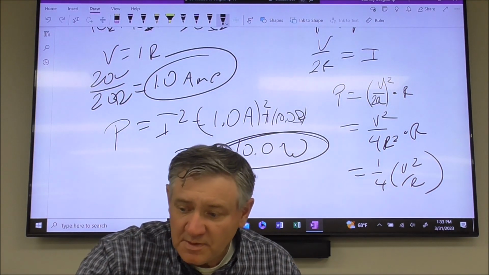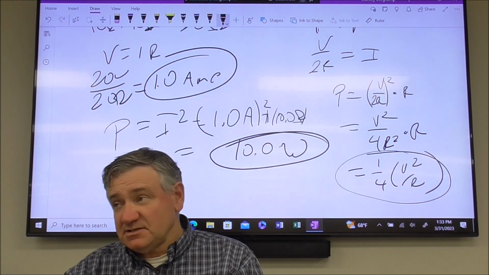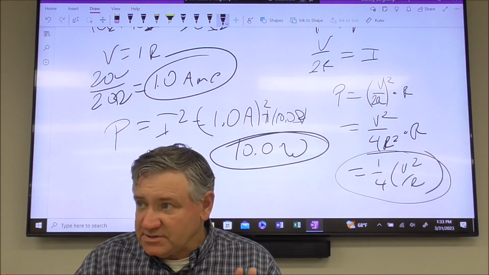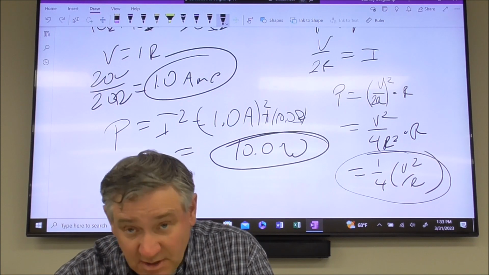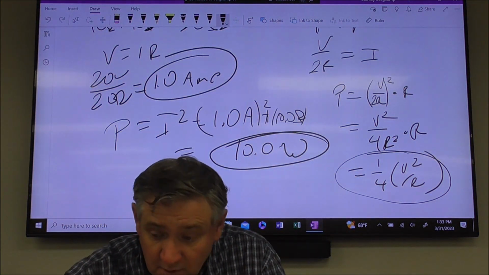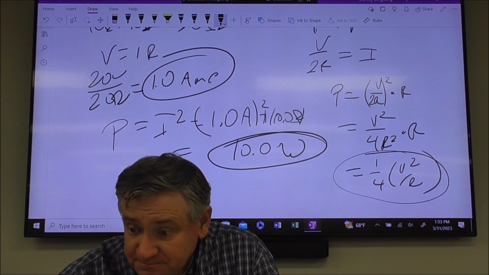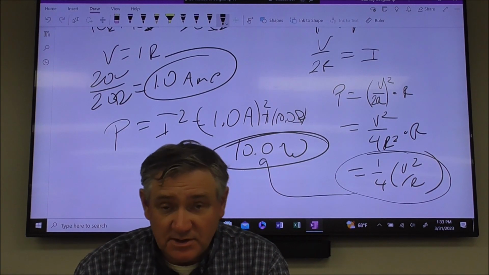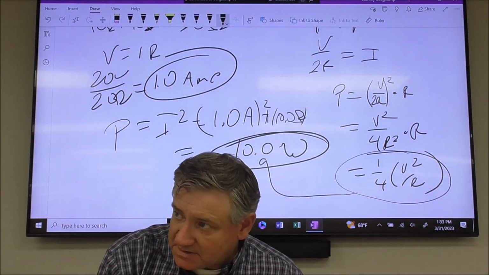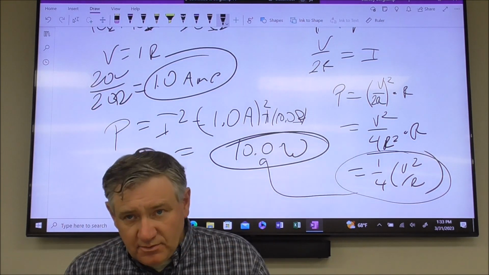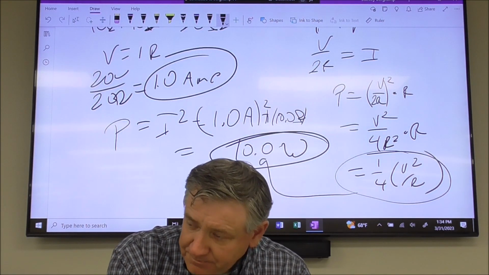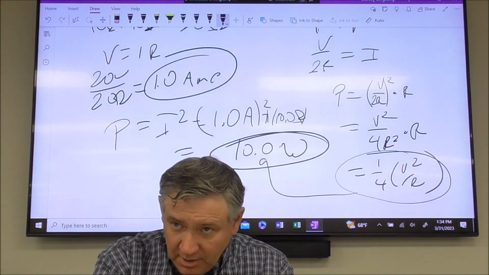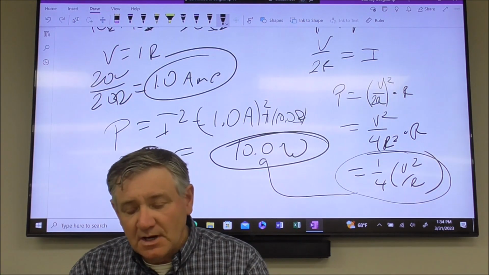The advantage of the more elegant approach is that this works for any situation. If you plug in the actual values of voltage and resistance and take 1/4 of that, you still end up back at 10 watts. No matter how you do this, you have to establish a baseline: this is the power without the switch closed. That's the main idea.